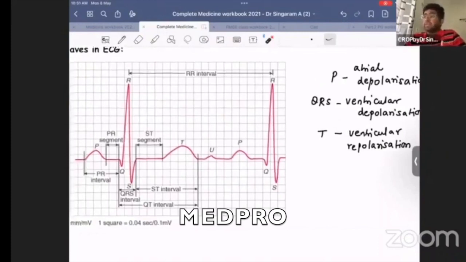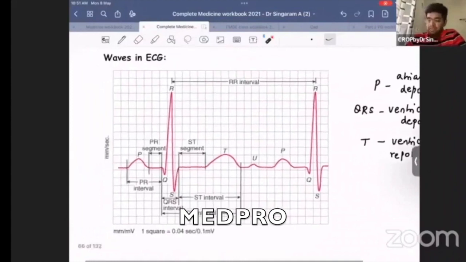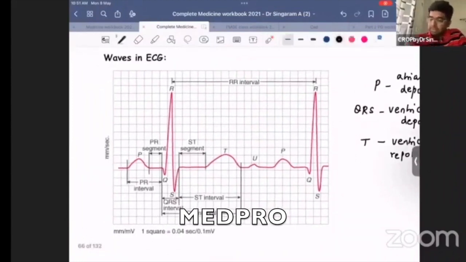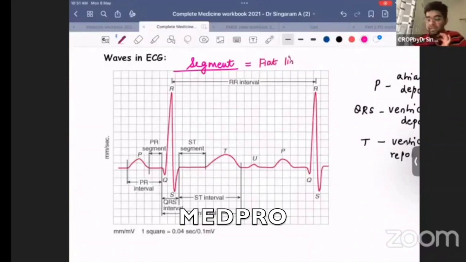Then we have to remember two things. One is called an interval, another one is called a segment. Anybody wants to comment on what is the meaning of a segment? Segment is something wherein you have flat lines in the ECG.